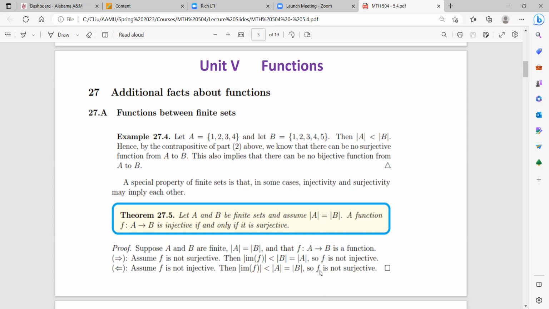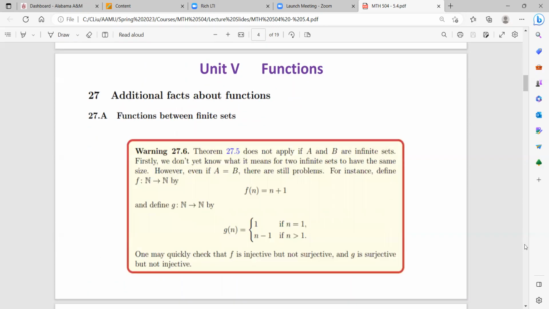Because when it's surjective, the image of F and set B are the same, so they're the same size. So we got another contradiction, that F is not surjective. So this proves that F has to be injective. I think this is pretty easy to understand.